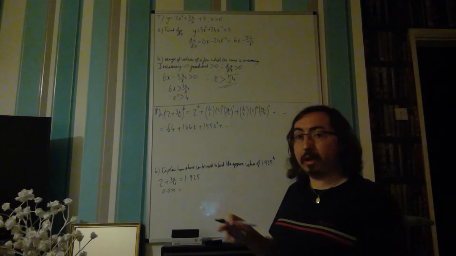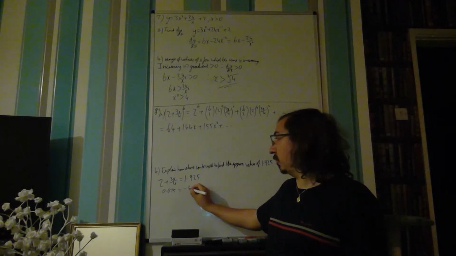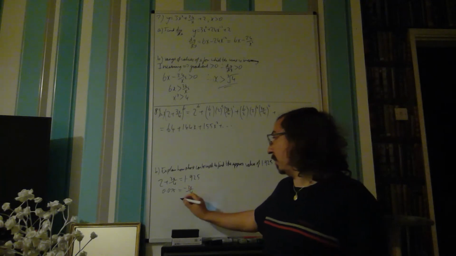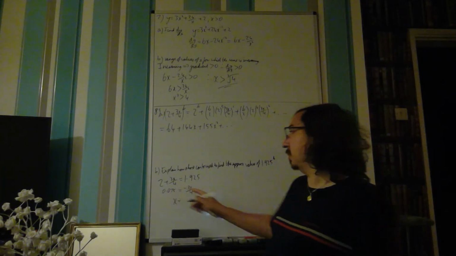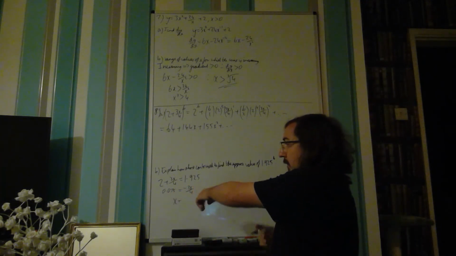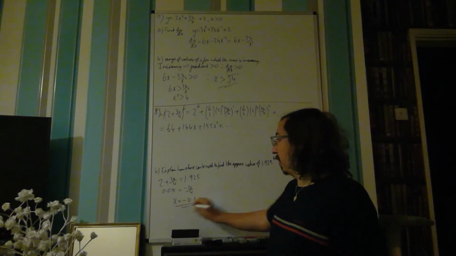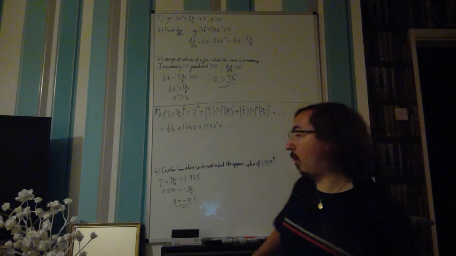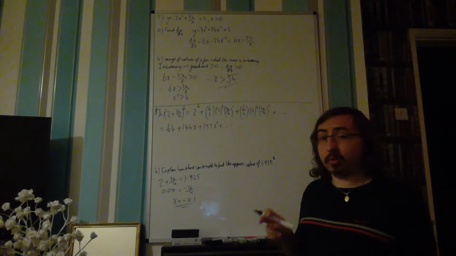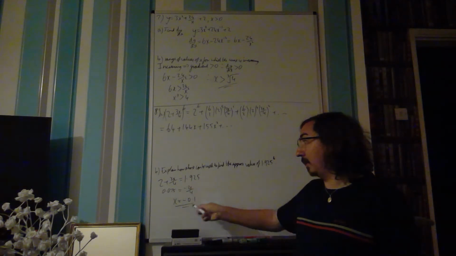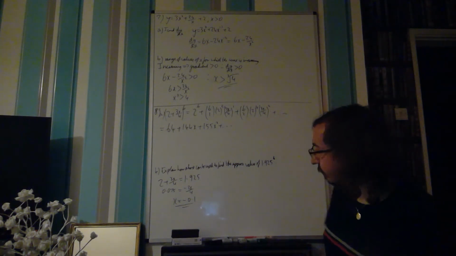When you move the 3x over 4, make sure you have the minus there. And then you've got 0.075 divided by minus 3 over 4 gets you an x value of minus 0.1. The minus is very important. This value is less than the 2. So the value of the x must be a negative.